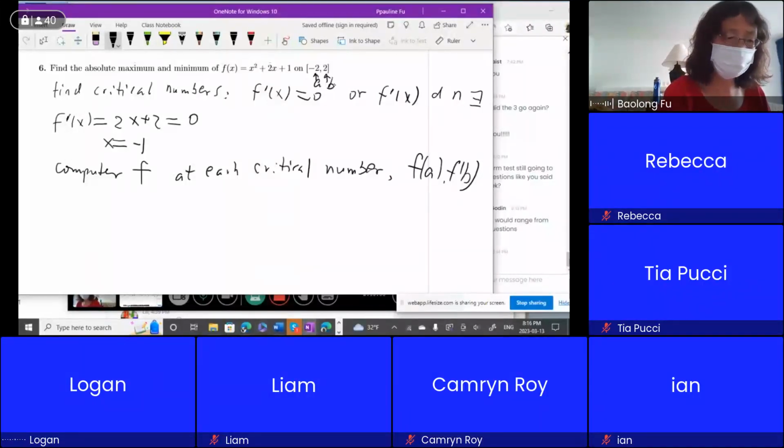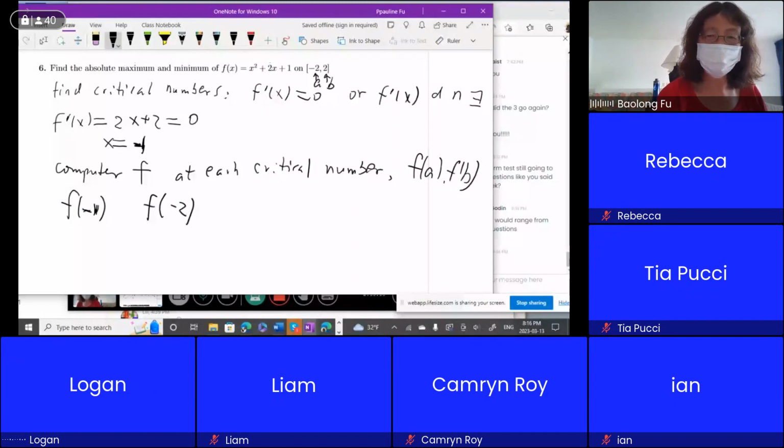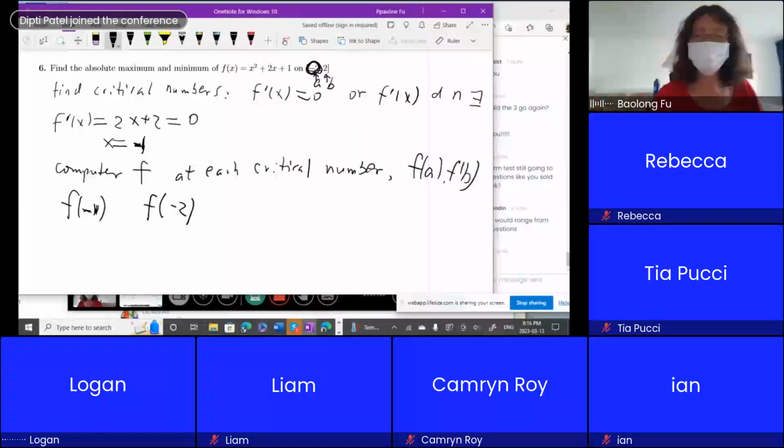Specifically, we need to find out what is f(-1), because -1 is the critical number. We also need to find out what is f(-2). Why -2? Because -2 is in the given interval. And then we need to find out f(2). 2 is in the given interval.